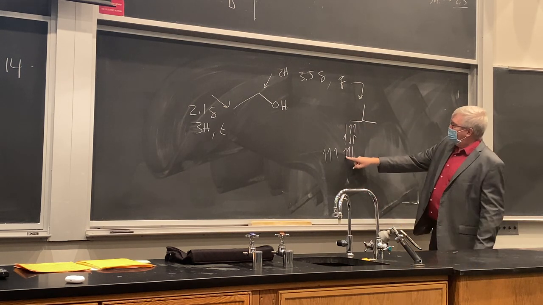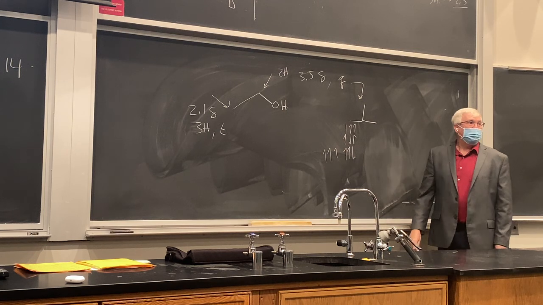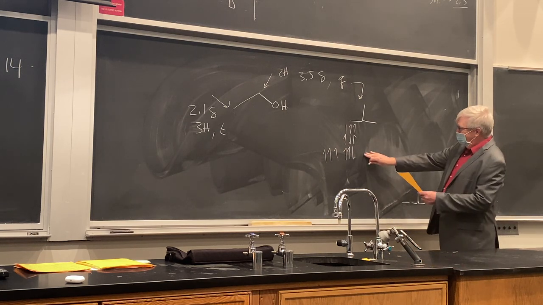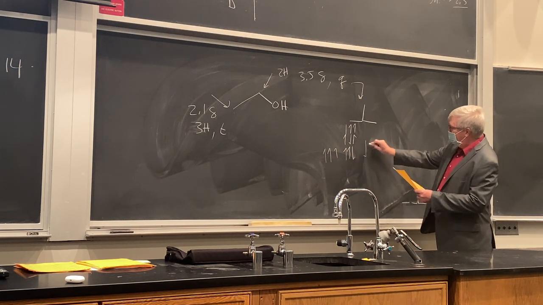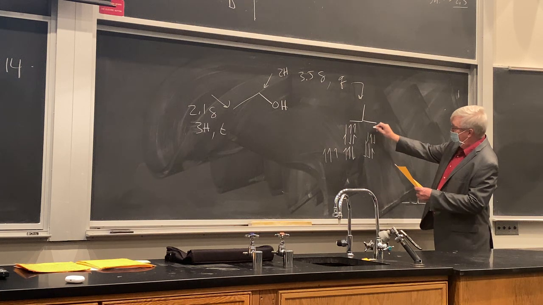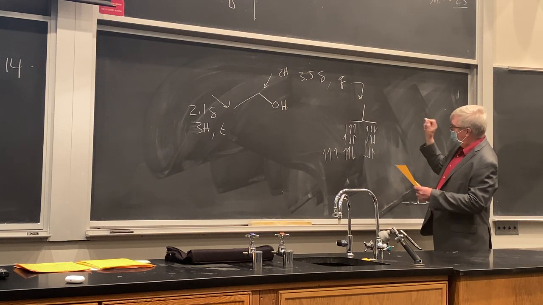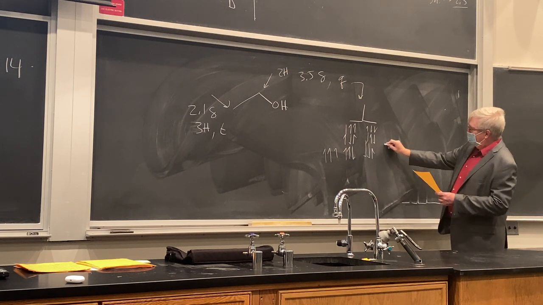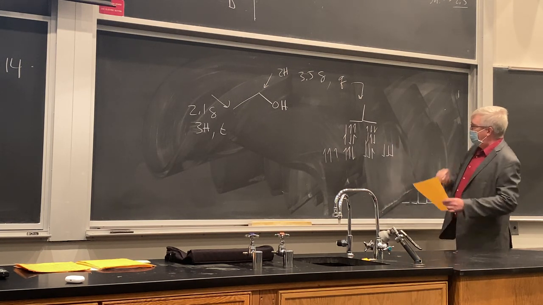So it's 3 ways to have 2 up, 1 down, with the 3 spin states. And then how do we get the 2 down, 1 up? There's this one up, down, and then this one up, and these 2 down. Yeah, and there's 3 ways to do that, and there's only one way to have them all 3 down.